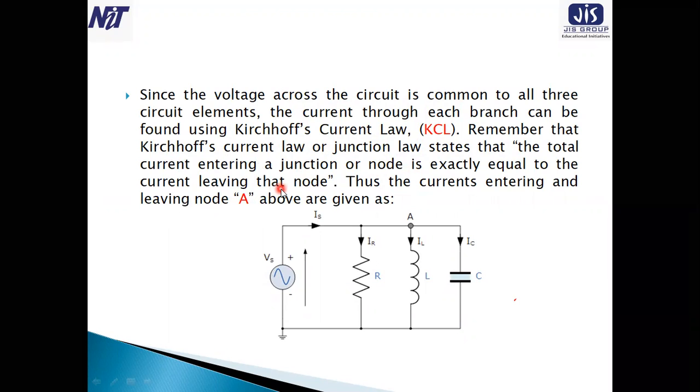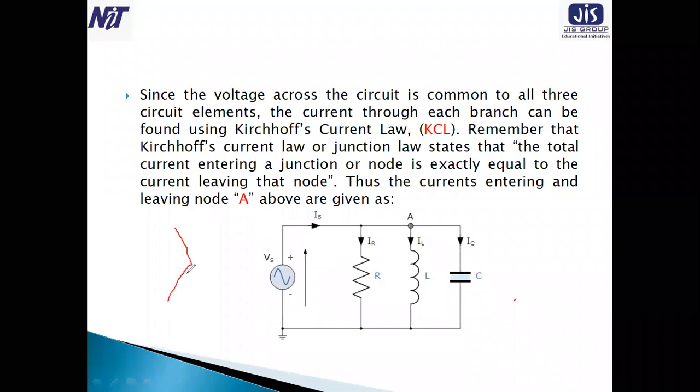You all know from the KCL, it's a basic fundamental formula of electrical engineering. Thus, the current entering and leaving node A are as given above.